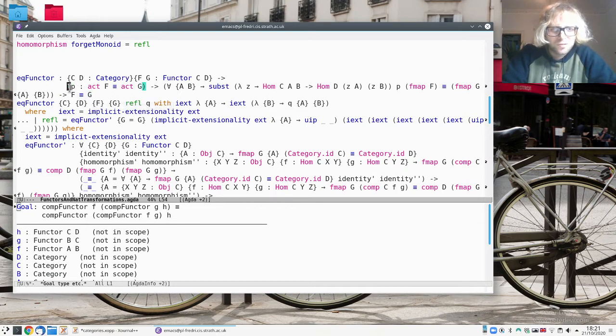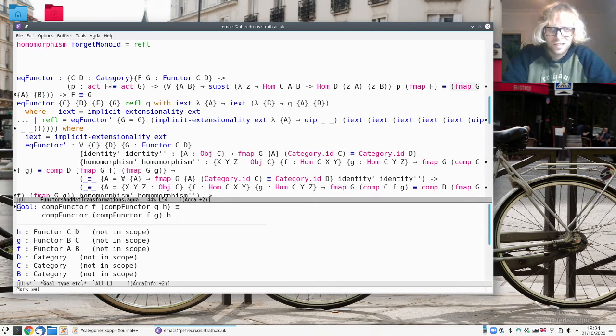First you need to prove that they are equal on objects, and then you need to use that proof to fix up the types with the subst, so that you can say that the action on maps of f equals the action on maps of g.